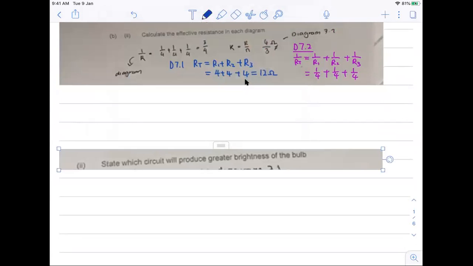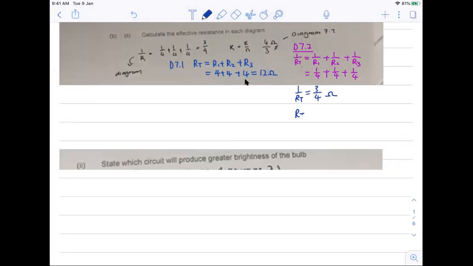So we add them up, 1 over 4 multiplied by 3. We get 1 over R total equals 3 over 4 ohm.